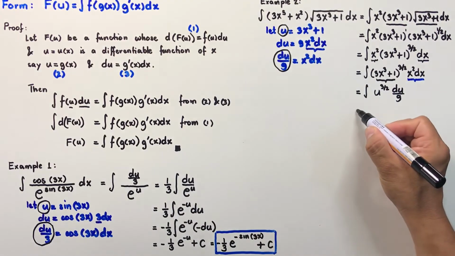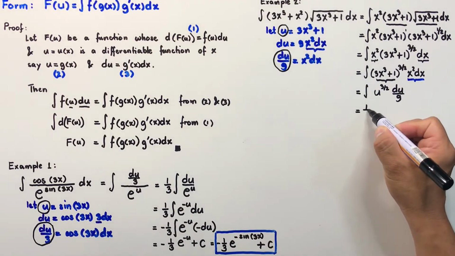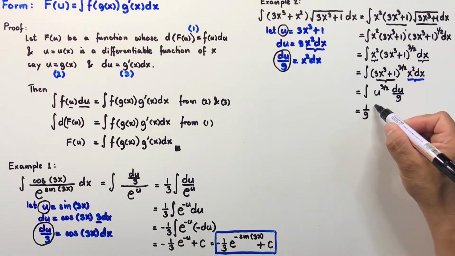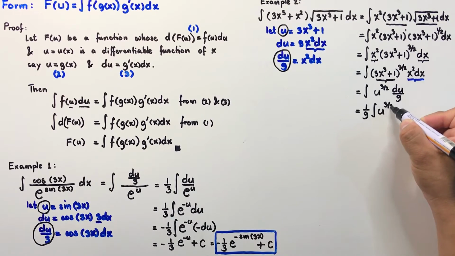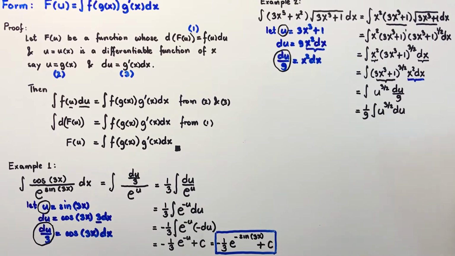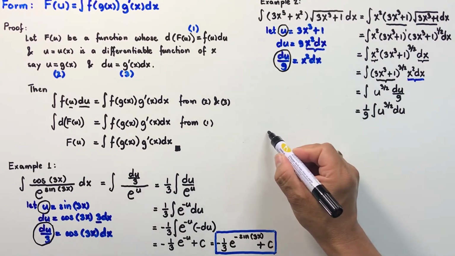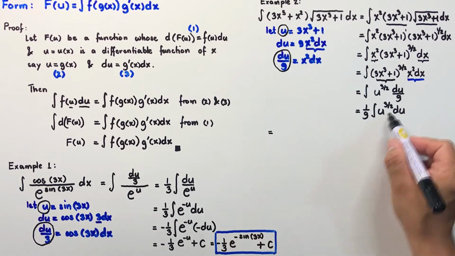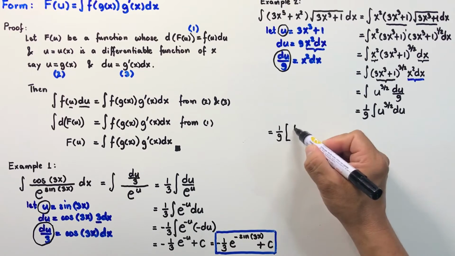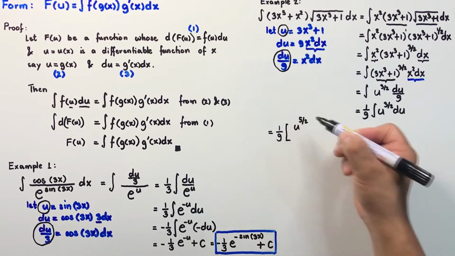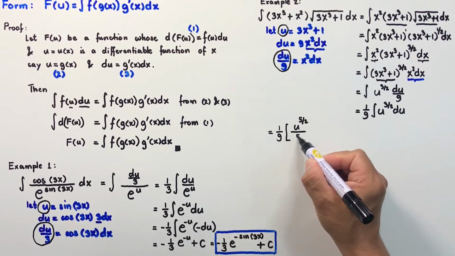But we can factor out the constant here. So this is 1/9 of the integral of u to the power 3 halves du. And applying our power rule here, we have 1/9 of u to the power 5 halves divided by 5 halves.